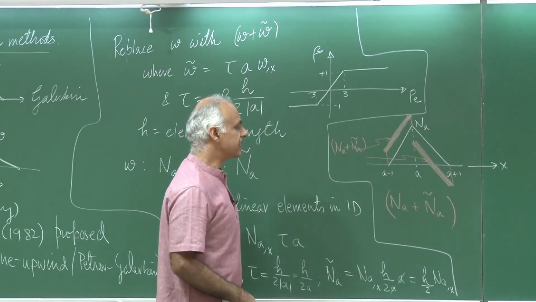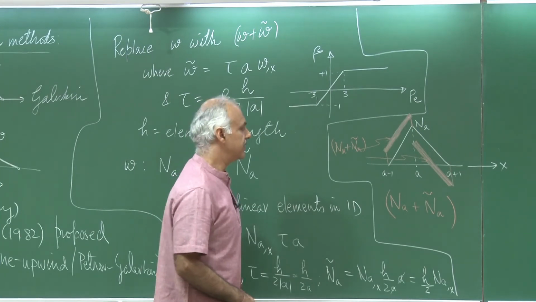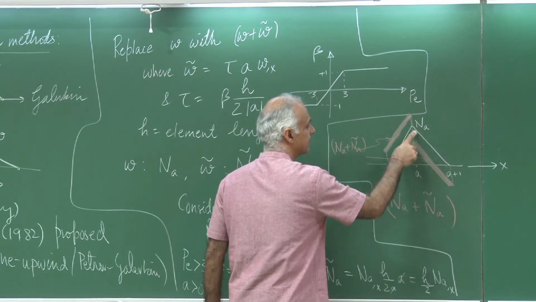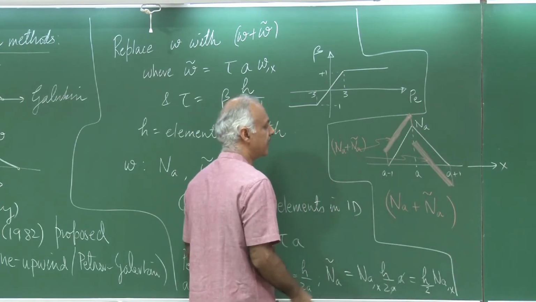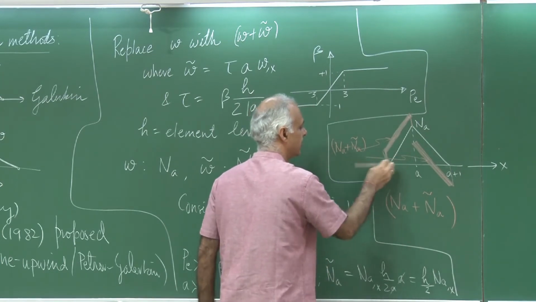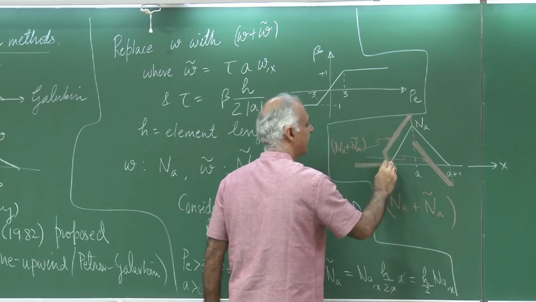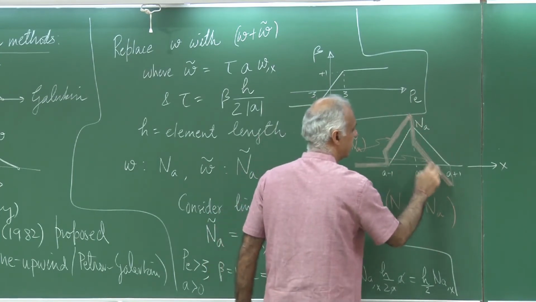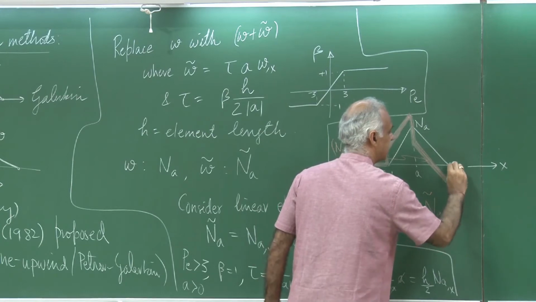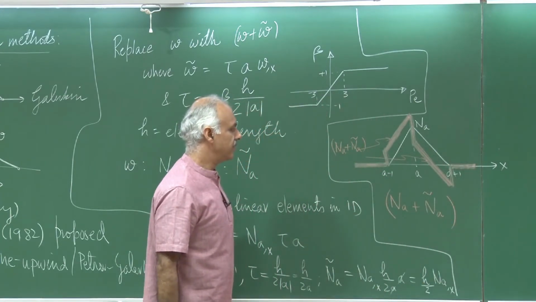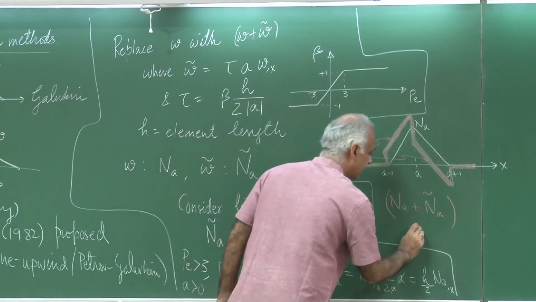So, the shape function that you would get at node A for the Galerkin is the one in the white color, but for the Petrov-Galerkin you would get this kind of a shape function. So, it is 0 here, starts with a finite value, then it jumps to a lower value, again linear, and then it jumps again to a 0 value, and so on. So, this is what gives us upwinding.